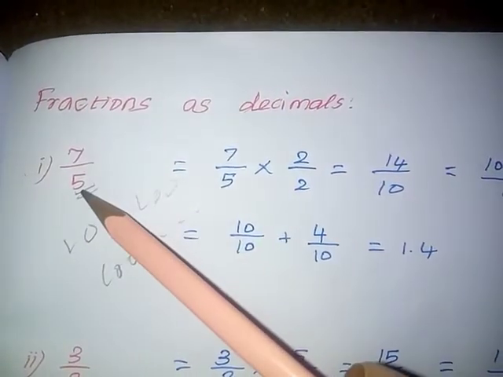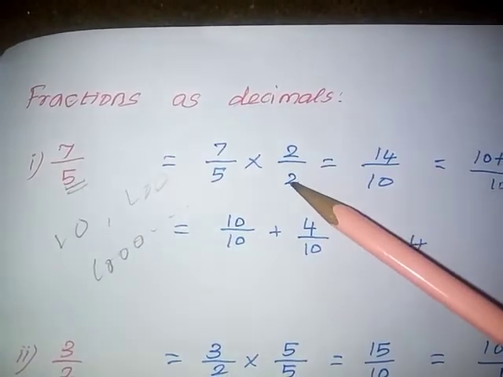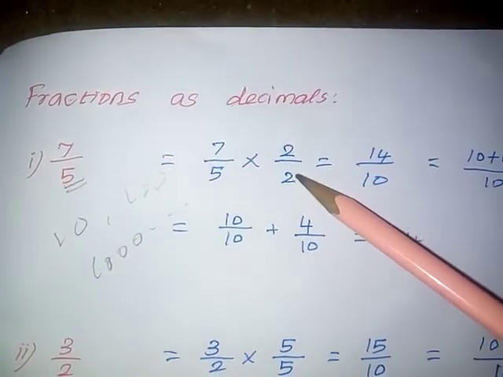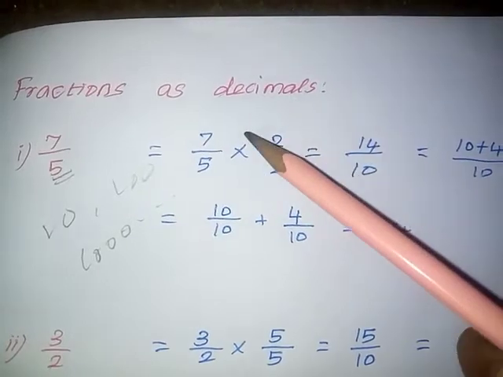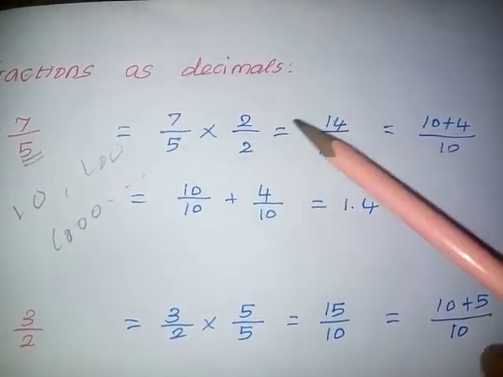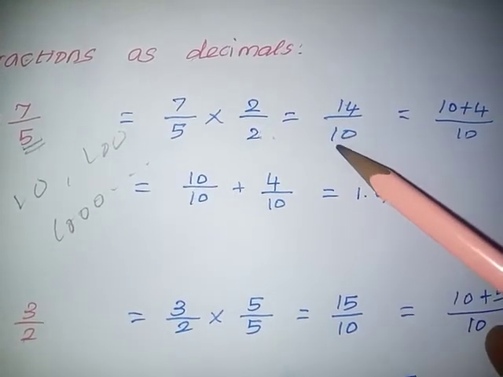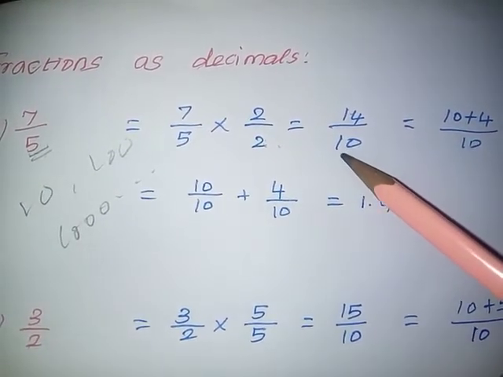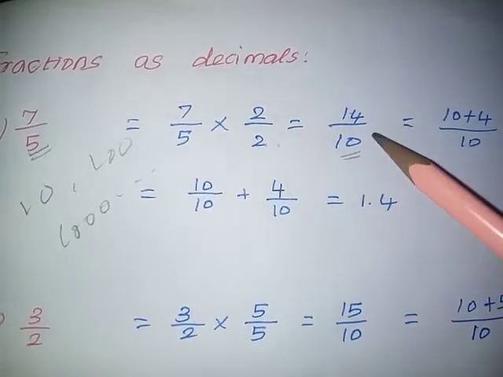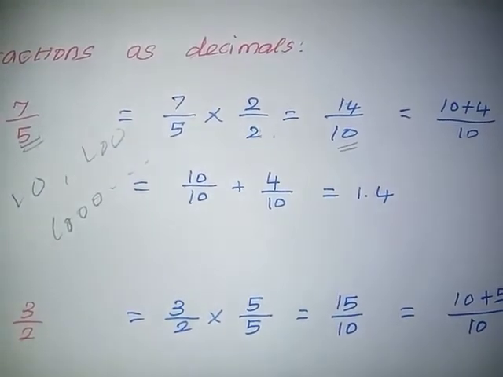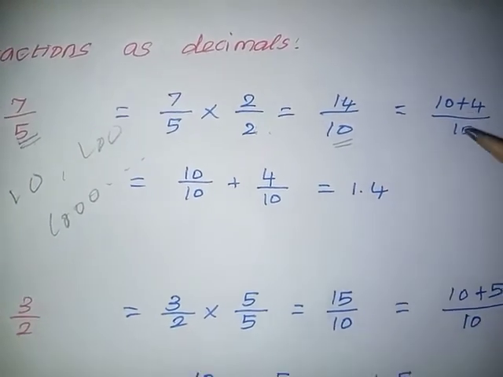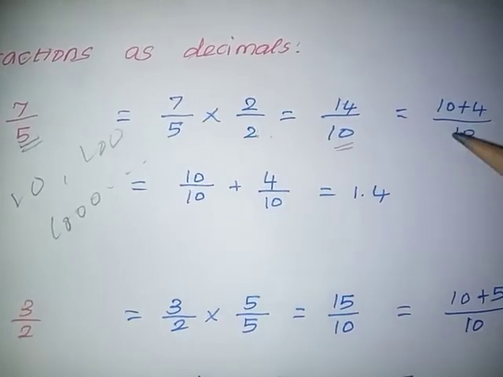So we have to multiply by 2 both the denominator as well as the numerator. So 7 2s are 14 and 5 2s are 10. Because we have to change the denominator to 10, only then can we convert the given fraction to a decimal number.